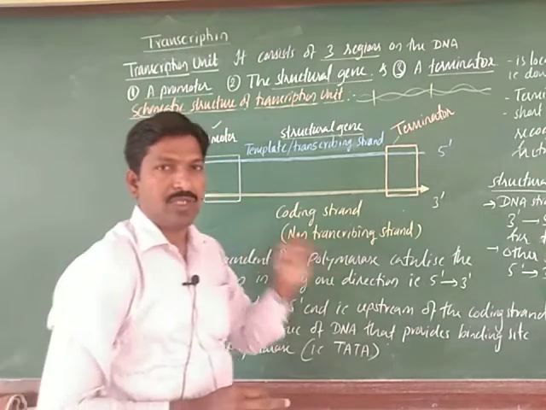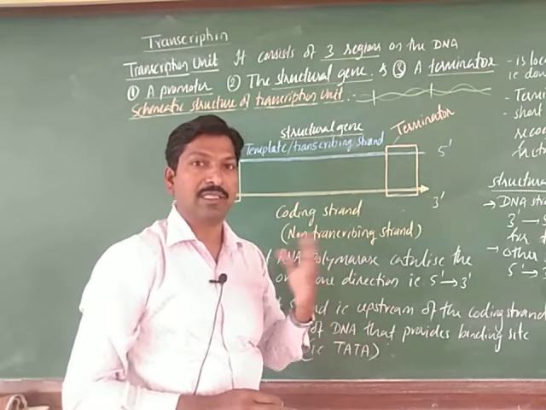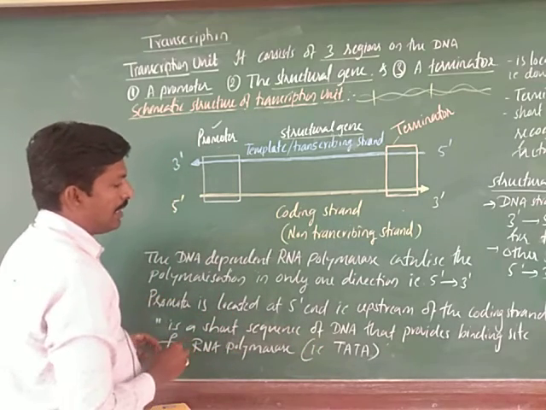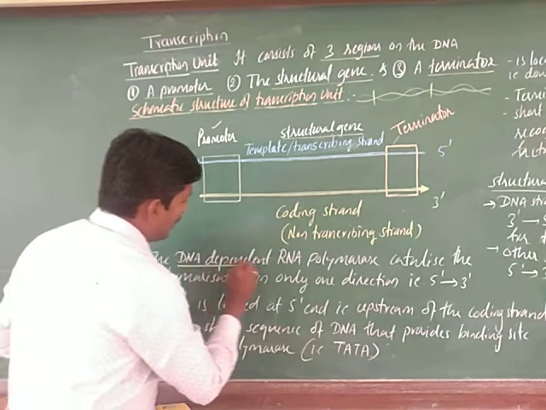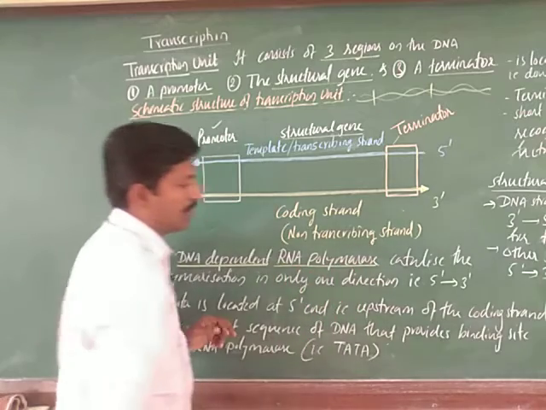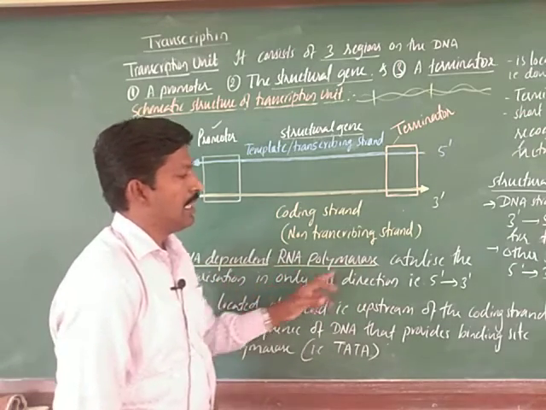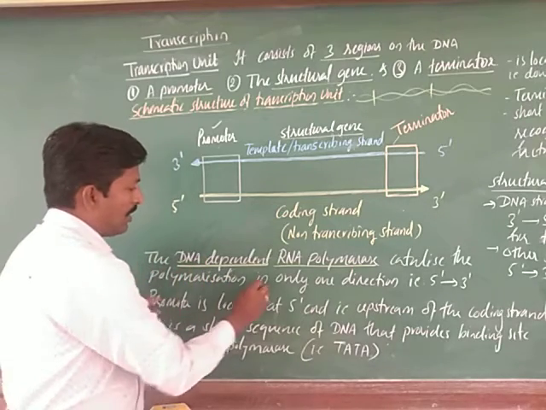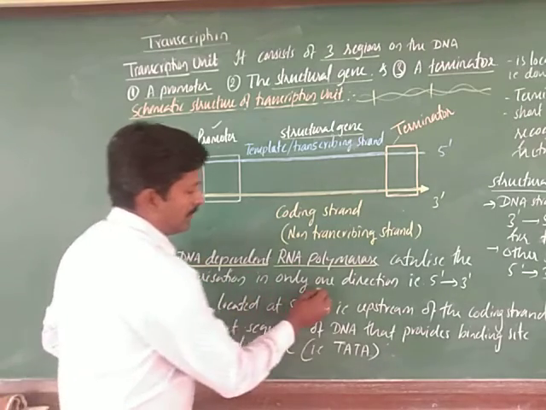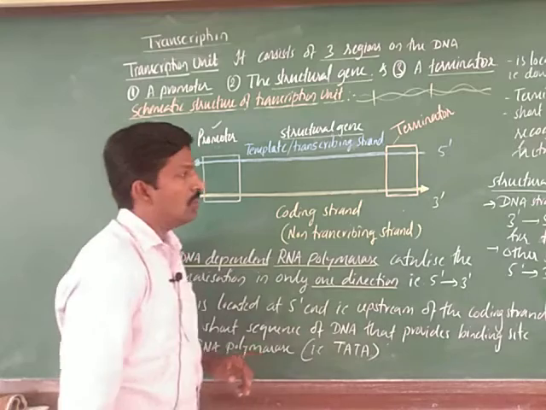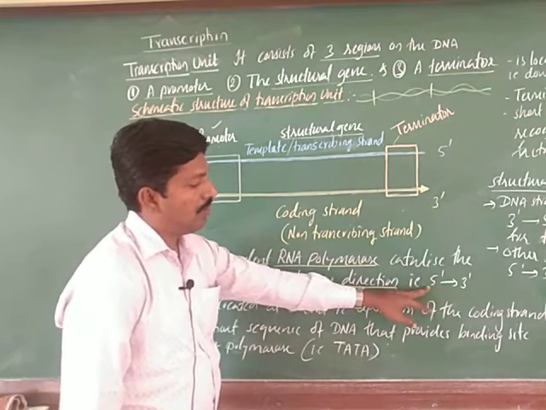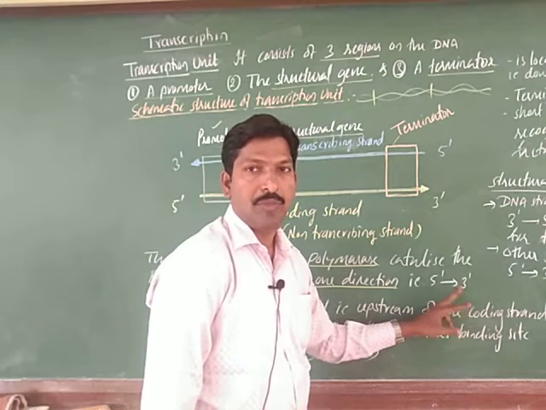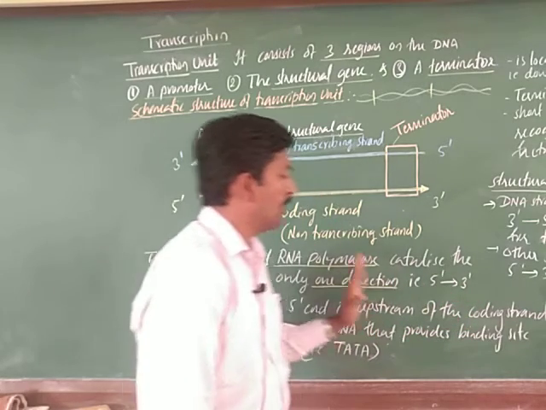Here enzymes are involved, as in replication where many enzymes are involved. Here also an enzyme is required, especially DNA dependent RNA polymerase. DNA dependent RNA polymerase catalyzes this process, that is polymerization in only one direction, from 5' to 3'.